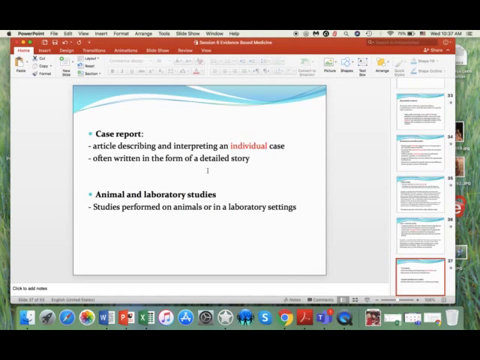But then when we actually go in and study it, maybe we see, okay, it actually doesn't help when we study it on a bigger group, but in this one case report, we saw that it did help.